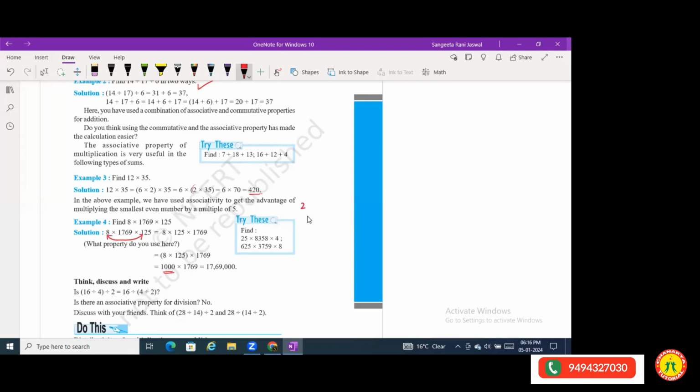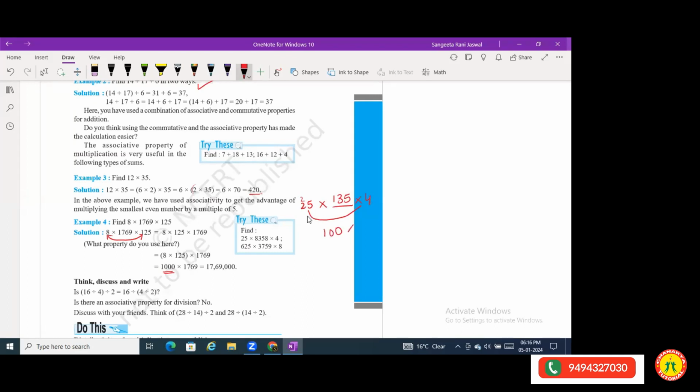Suppose I have 25 multiplied by some big number, 135, say, and then here 4. So I will choose those numbers which will give me zero at the end. I can see here 4 multiplied by 5, I get 0 in the ones place. If I multiply 25 with 4, I get 0 here and 2 carried here. 4 2s are 8 and 2 is 10.